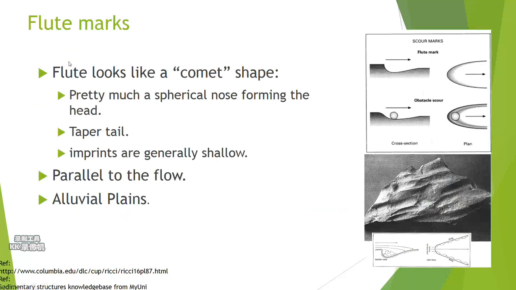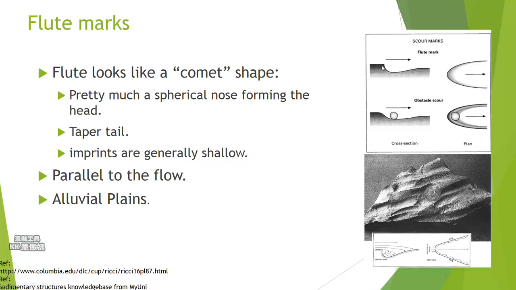Flute marks look like a comet shape, with a spherical nose forming the head and a tapered tail. If you imagine the flow coming from this direction and there's an obstacle here, then a spherical shape will form here, but the imprints are generally shallow and parallel to the flow.